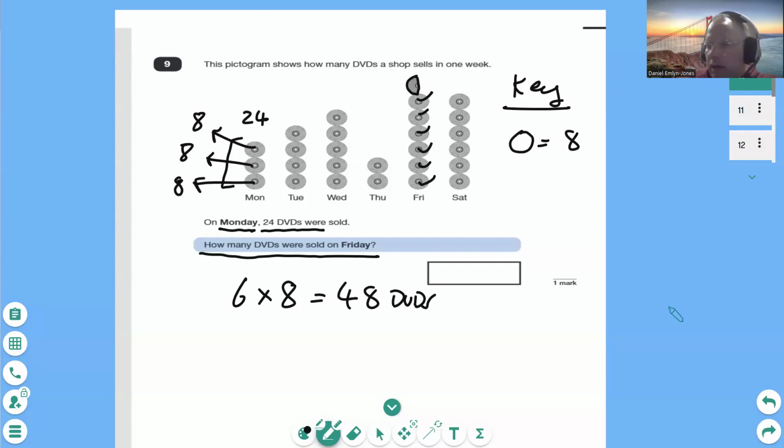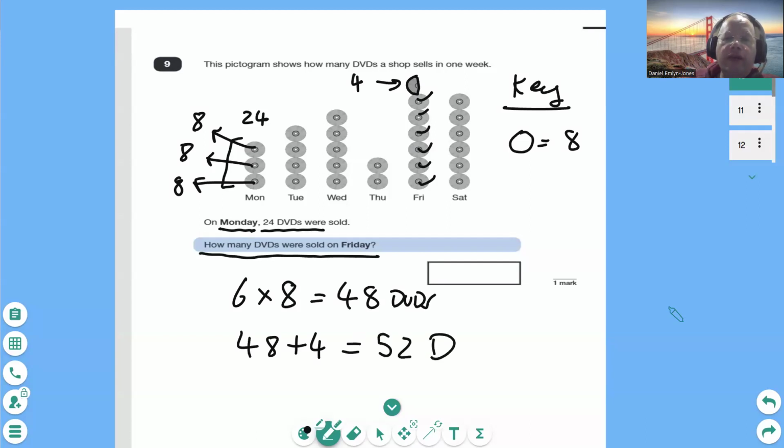So if 1 DVD is 8, what's half a DVD? Well, it could be 4, isn't it? It's going to be 4. So in total, we got 48 plus 4, which is 52 DVDs. And as I say, in an exam, you wouldn't scribble everywhere like I'm doing. Why am I writing that there? I'm going mad. 52. Trying to write and think at the same time. 52 DVDs. There we are. Good. Next.